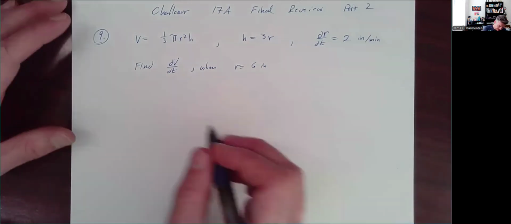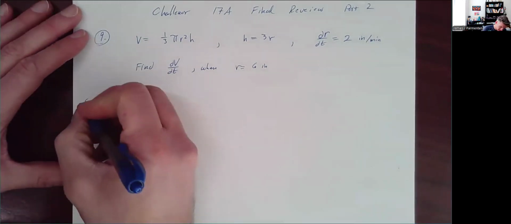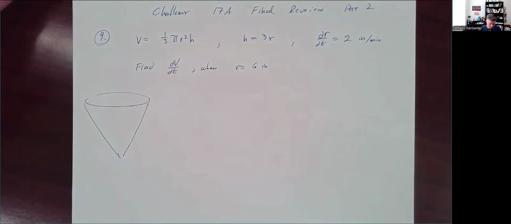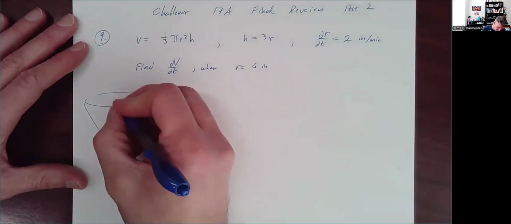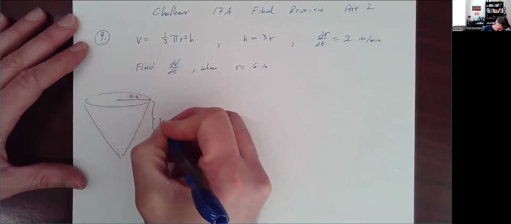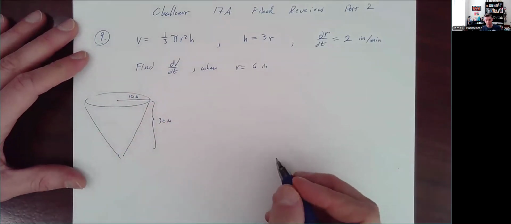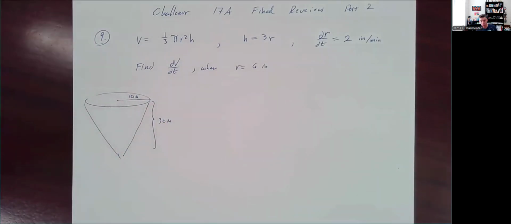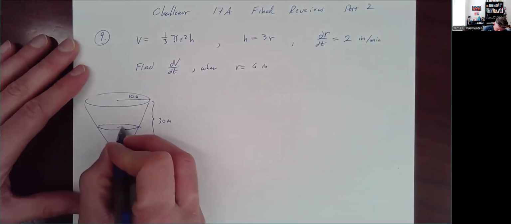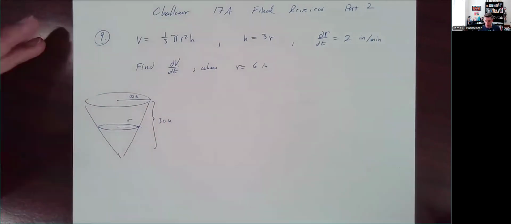So I might have set it up more like, you've got your cone, and we know that the overall cone has maybe a radius of 10 inches and a height of 30 inches. And then we're asking, maybe we're filling up the cone in such a way that the radius of the water, which is kind of a weird thing to say, such that this radius is increasing at 2 inches per minute.